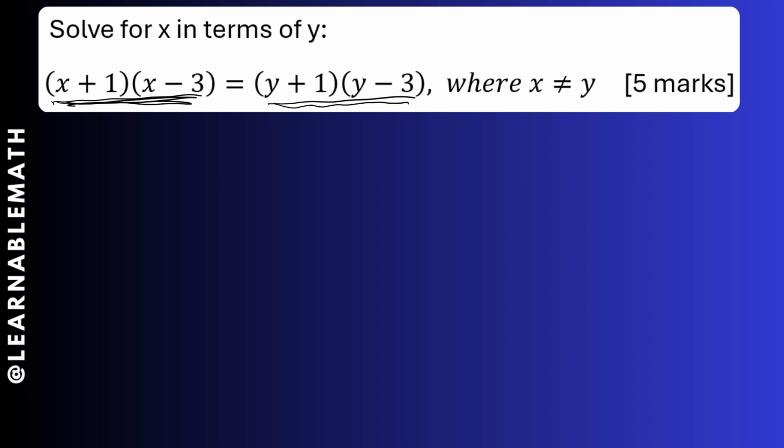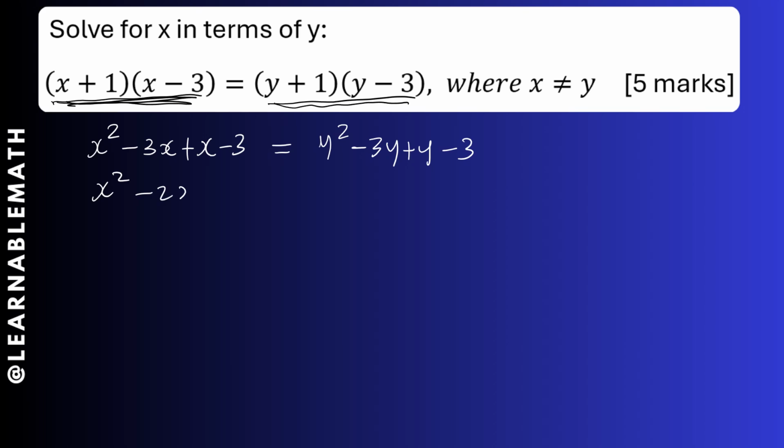Let us quickly explore that. If you simplify this side, it will be x squared minus 3x plus x minus 3, and this side will be y squared minus 3y plus y minus 3. So this is x squared minus 2x minus 3 equals y squared minus 2y minus 3.